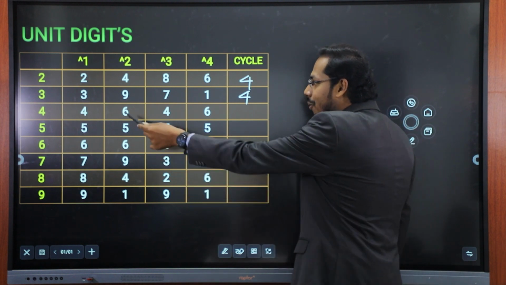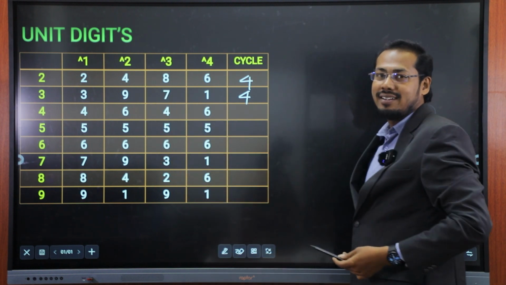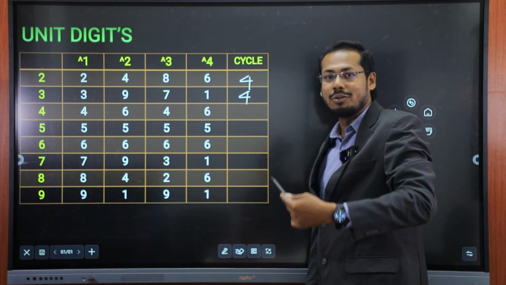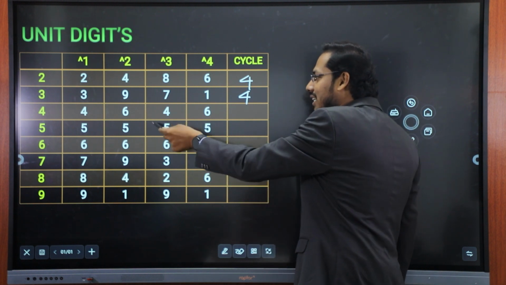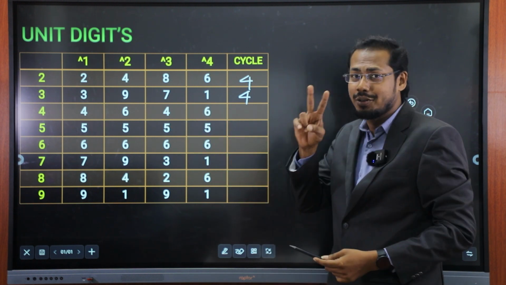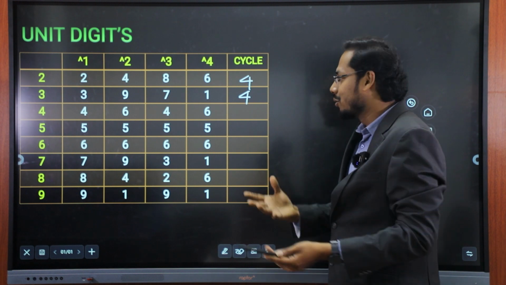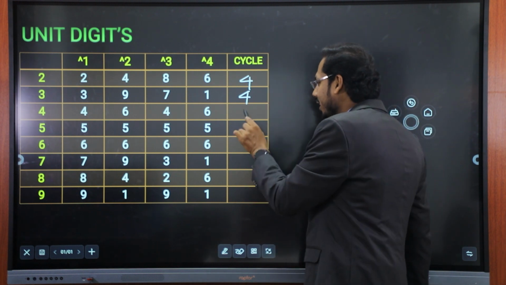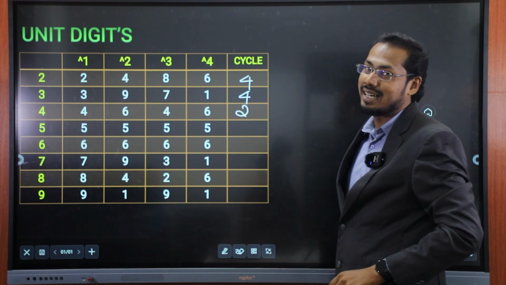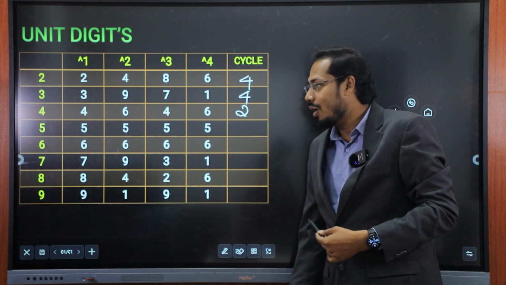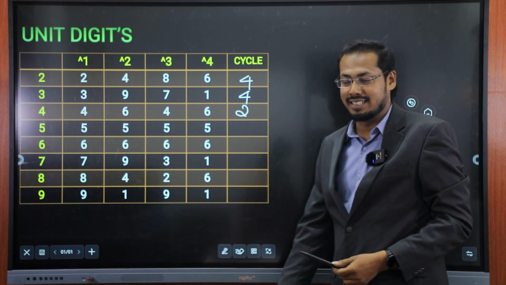Next, 4 power 1 is 4, 4 square, 4 fours are 16, 4 cube is 64, again 6, 4, 6, 4, 6. So only 2 numbers repeatedly came. So the cycle for the 4 table is only 2. Either you will get 4 as the last digit or 6, right?